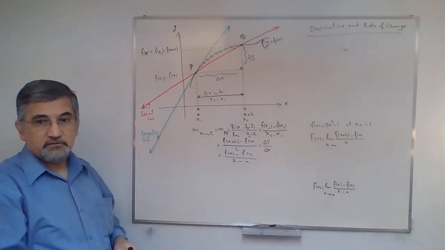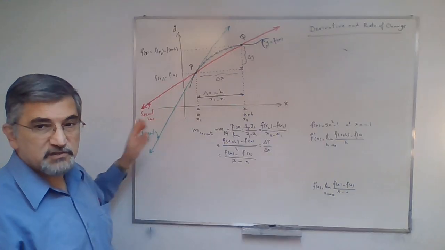And this line, which intersects the graph at only one point, is called the tangent line.